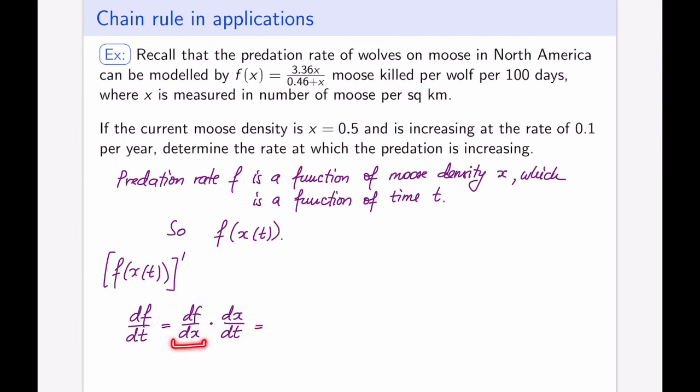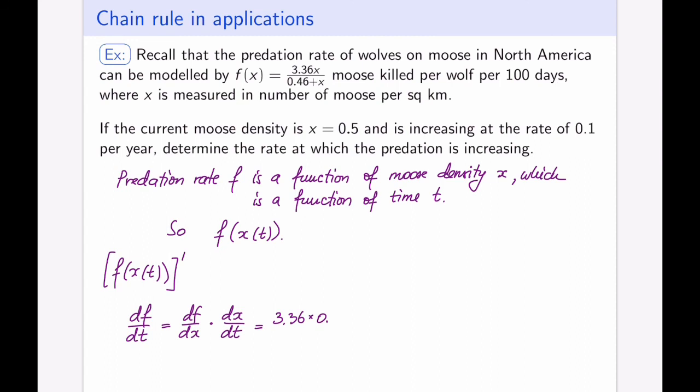Okay, so now let's take a look at these separate parts. What I have here is df by dx, the derivative of f with respect to x. The function f is given to me directly in terms of x, so all I have to do is take a derivative of that with respect to x. We can apply the quotient rule. I'm going to just write down the actual answer.